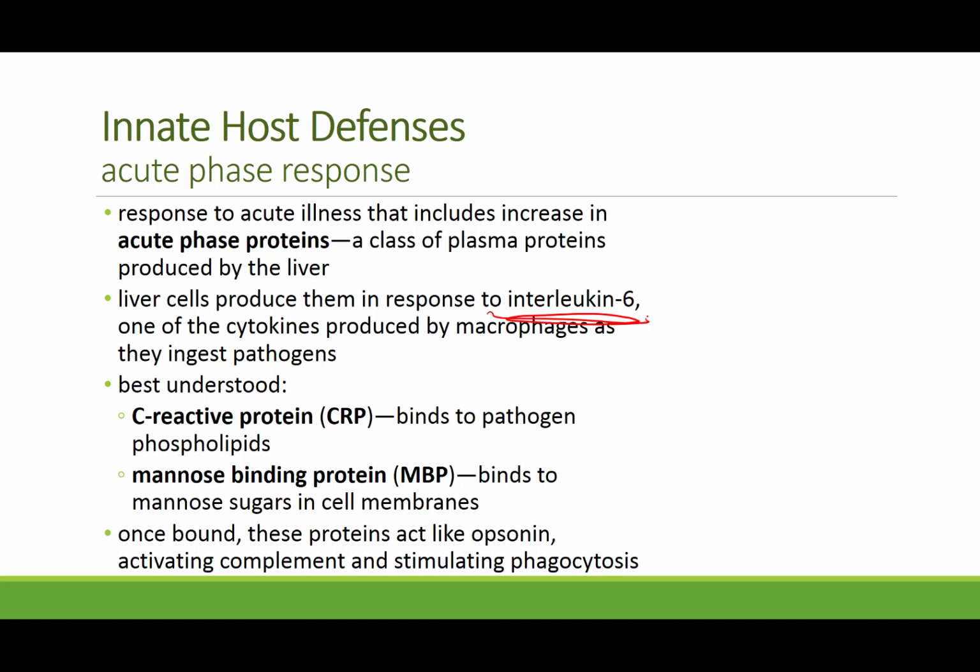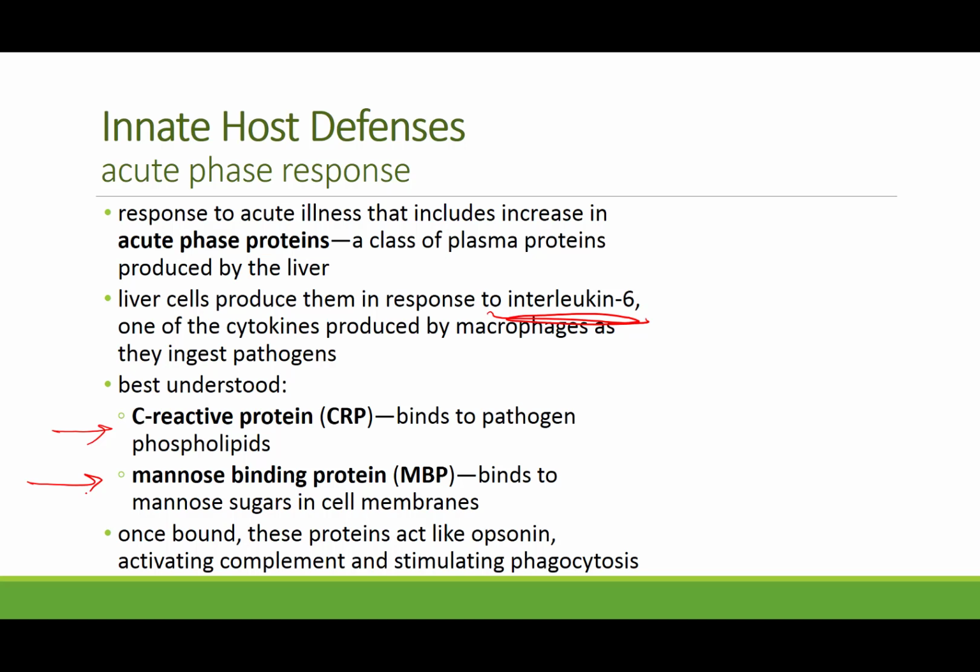And here's what happens. Two of these acute phase proteins: there's the C-reactive protein, or CRP, and it binds to the phospholipids in the membrane of the pathogen. And the second one that we understand best is the mannose binding protein. Mannose is a sugar, and so it's found in cell membranes.